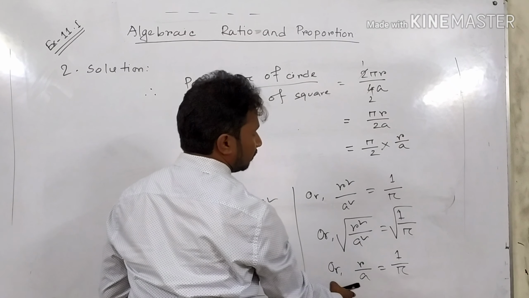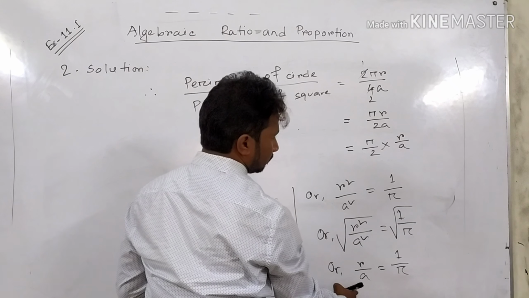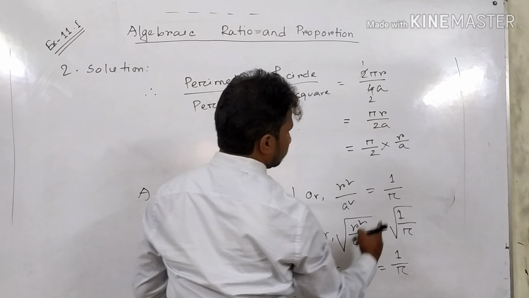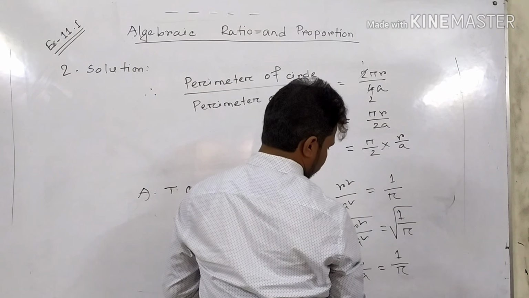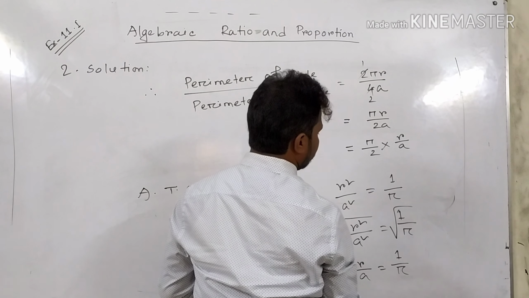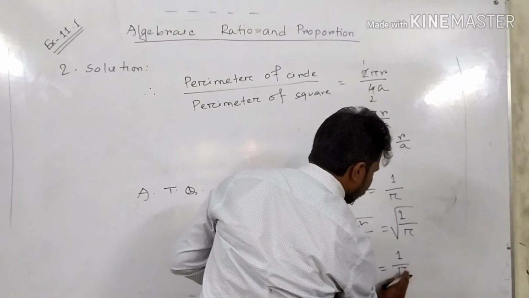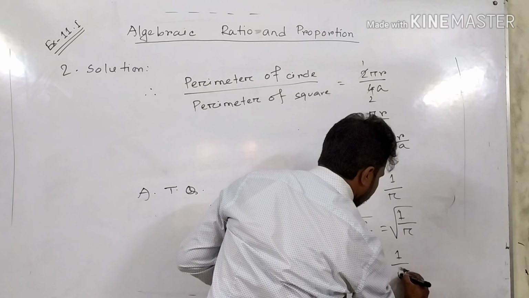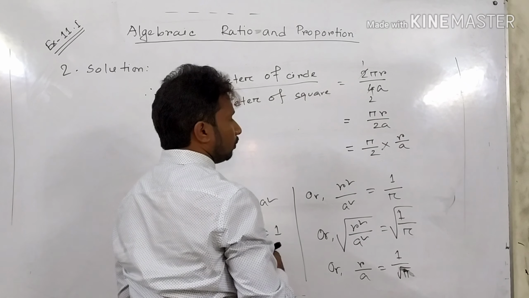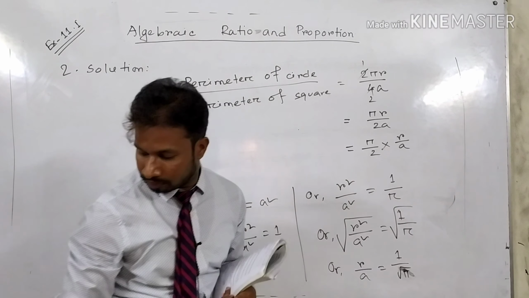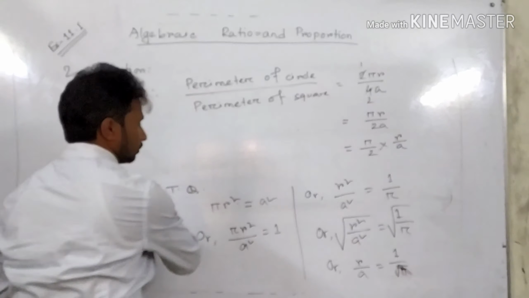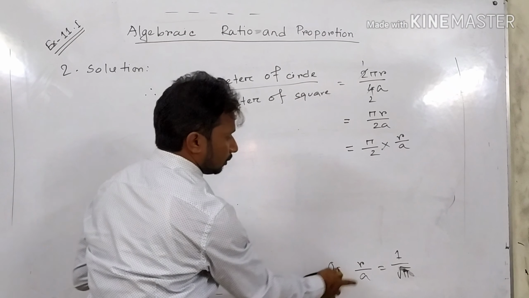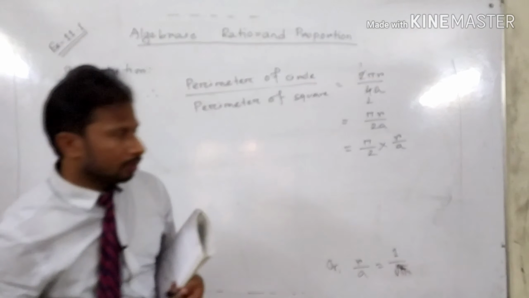and here we have got the value of what? R by a equal to 1 by root pi.